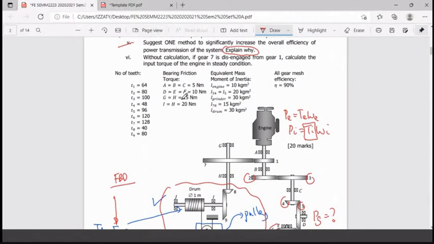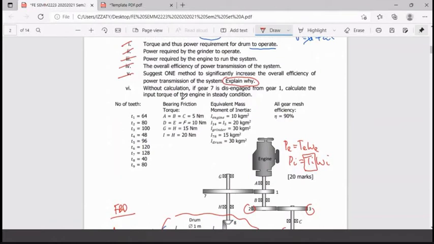Explain. Okay, no one knows the answer, so you have to look at it on your own or find out on your own. Number 5, increase the torque, yes, correct, and also you can check the gear ratio and also torque, yes.